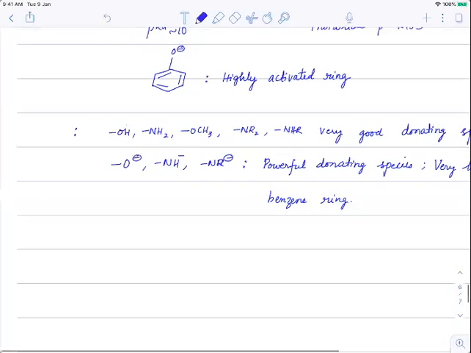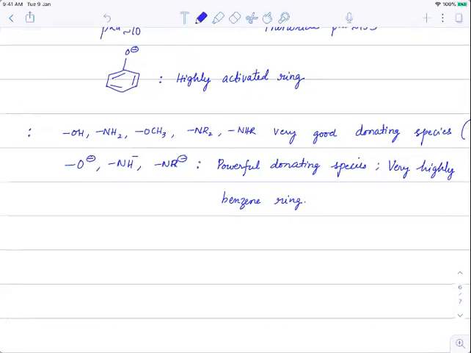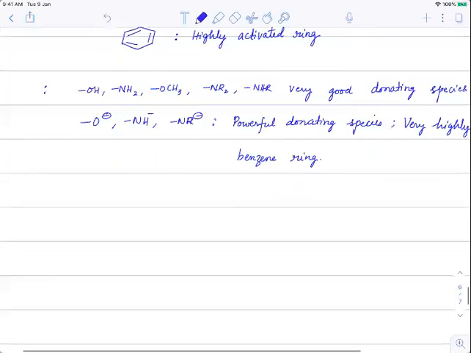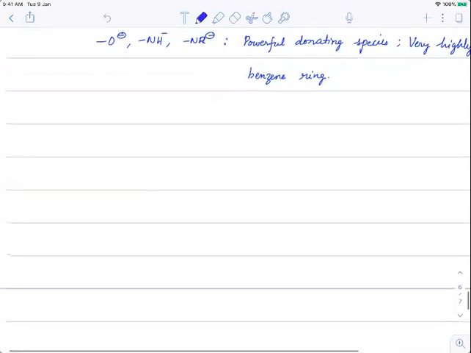Achha, why do we need such a powerful activating group? If you check out the CCl2 which we formed just now, it is a neutral species. Okay, agreed that it has an empty orbital. It is an electrophile.